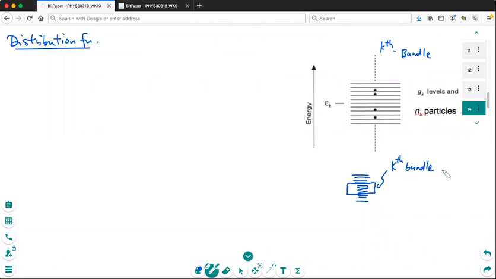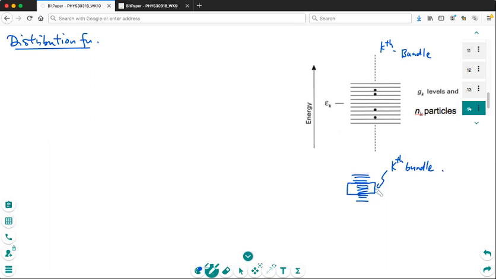I can choose not to group them, but there's a reason why we want to do it this way. The reason is that we want to take advantage of the big numbers. In this bundle, I will have a lot of energy states. I will deal with this first, and then I will look at another bundle, and then I will look at the distribution by thinking in terms of bundles. So this is really a trick for you to use big numbers, and it's a convenience rather than a necessity.